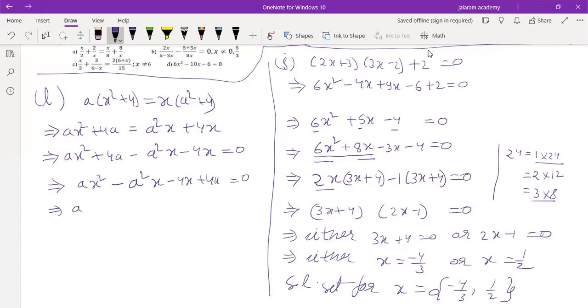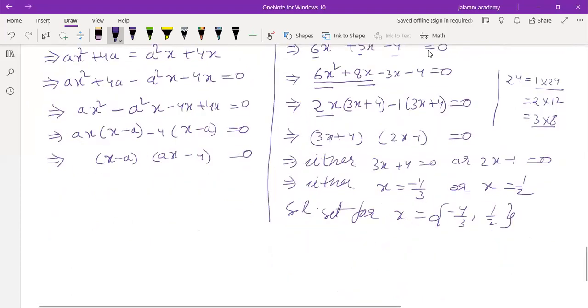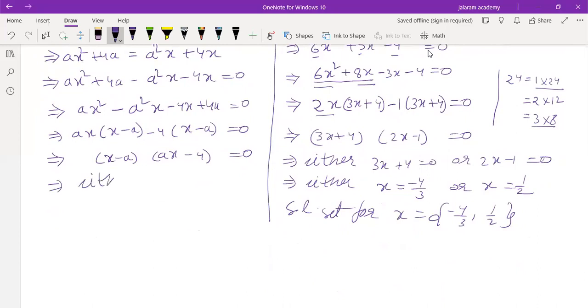Now if we take ax common from the first two, x minus a, minus 4 common from the next two, into x minus a equals to 0. It implies x minus a in one bracket, ax minus 4 in the next bracket equals to 0. It implies either x minus a equals to 0 or ax minus 4 equals to 0.